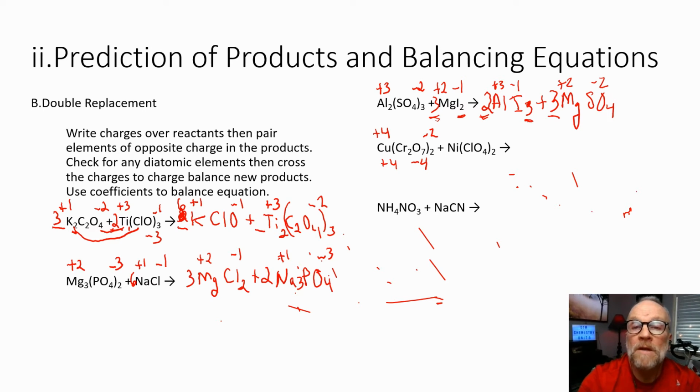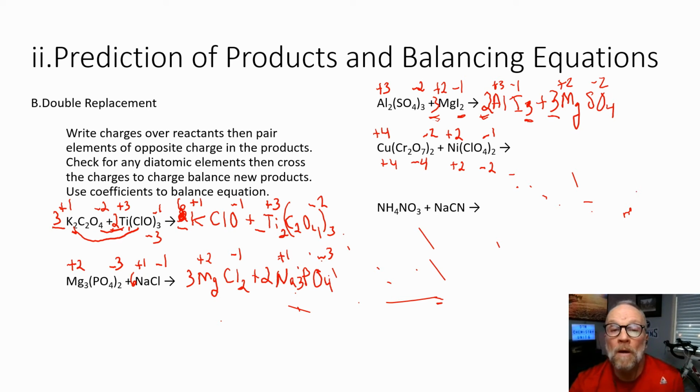Nickel is another transitional metal. We have a -1 for perchlorate. -1 times 2 gives us -2. So this side's got to be positive 2. And so now we are going to have to pair things of opposite charges.